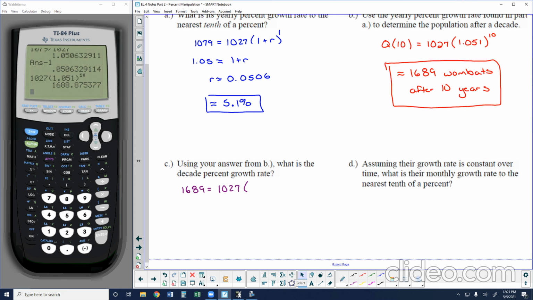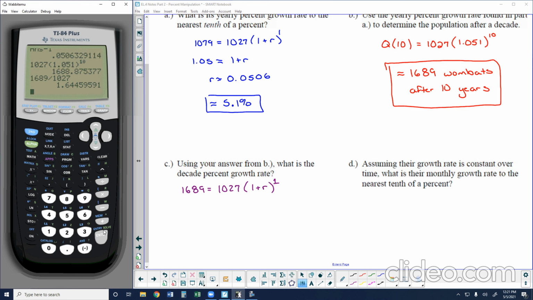And this time, instead of taking t as 10, we're going to take t as 1. We're going to use t as 1 because that would give us the rate here for a decade or 10 years. So I can divide both sides of this equation by 1027 to get, we're going to approximate again here.